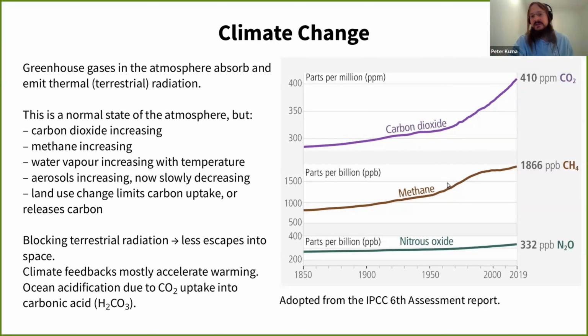And we are also increasing methane. We are increasing methane mostly due to things like livestock, so cows and sheep, which emit methane due to just their digestion, and things like leaks from processing oil and gas, and from rice fields, from growing rice, and from thawing permafrost.